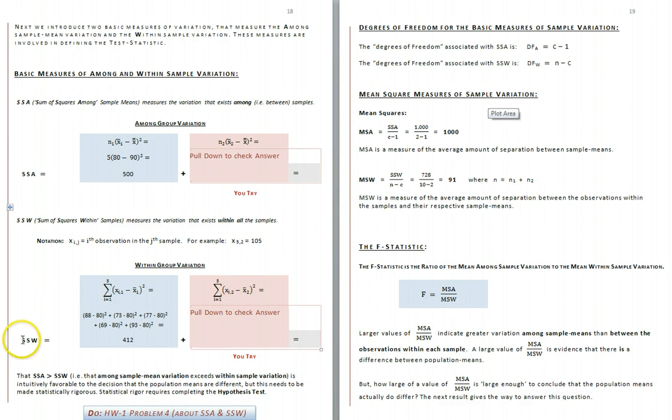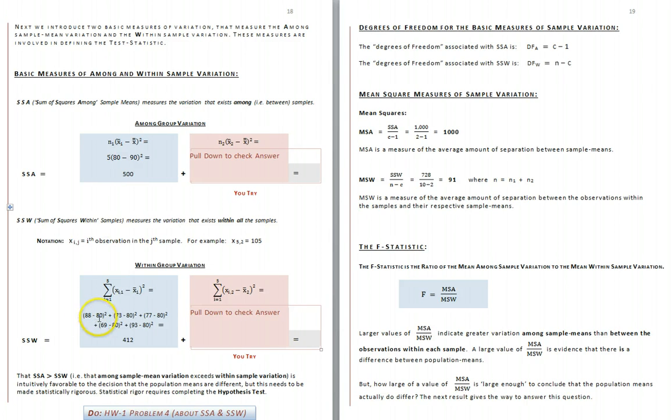So, computing SSW, our measure of how much variation there is within the samples, it says take every sample observation in the first sample, subtract off the first sample mean, take that difference and square it, and add it up over all 5 observations in the first sample. The first observation in the first sample was 88 minus the first sample mean 80.